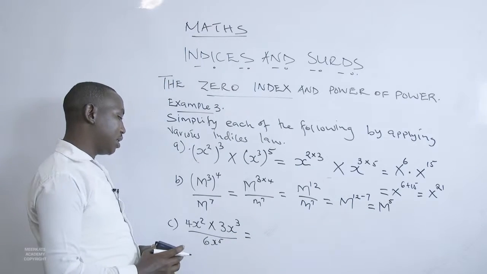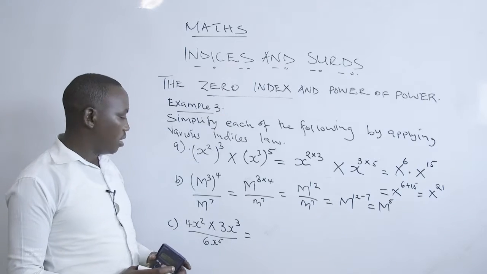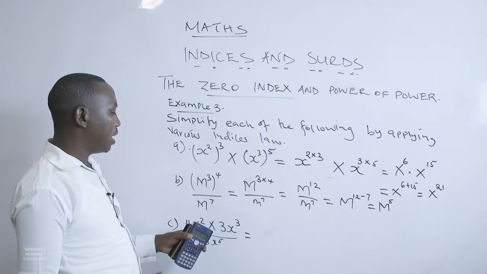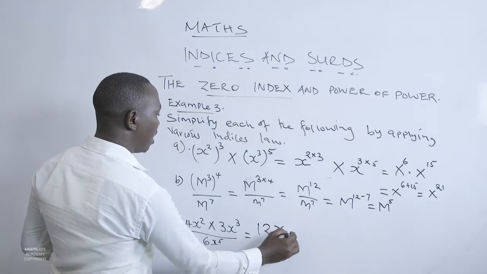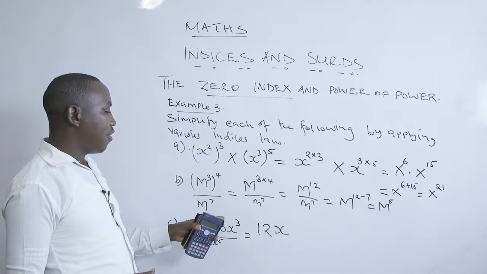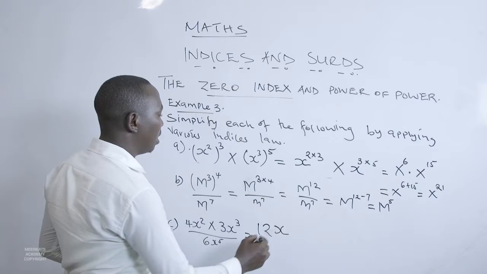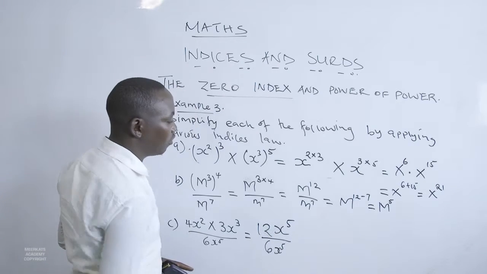For our last case, the numerator requires us to use the multiplication law, where we have 4x squared times 3x cubed. 4 by 3 gives 12. Then for the x's, the powers are added because we are multiplying, so 2 plus 3 gives 5, over 6x raised to 5.